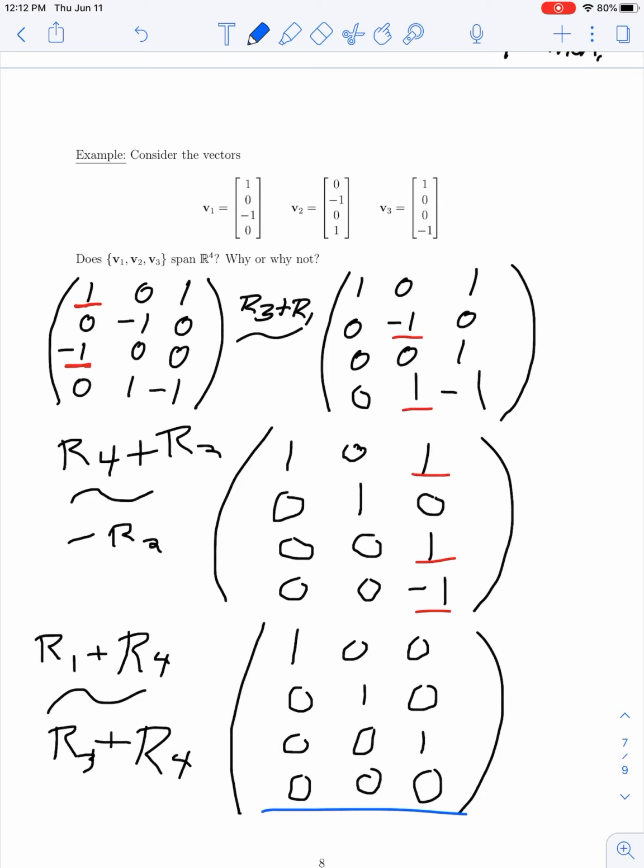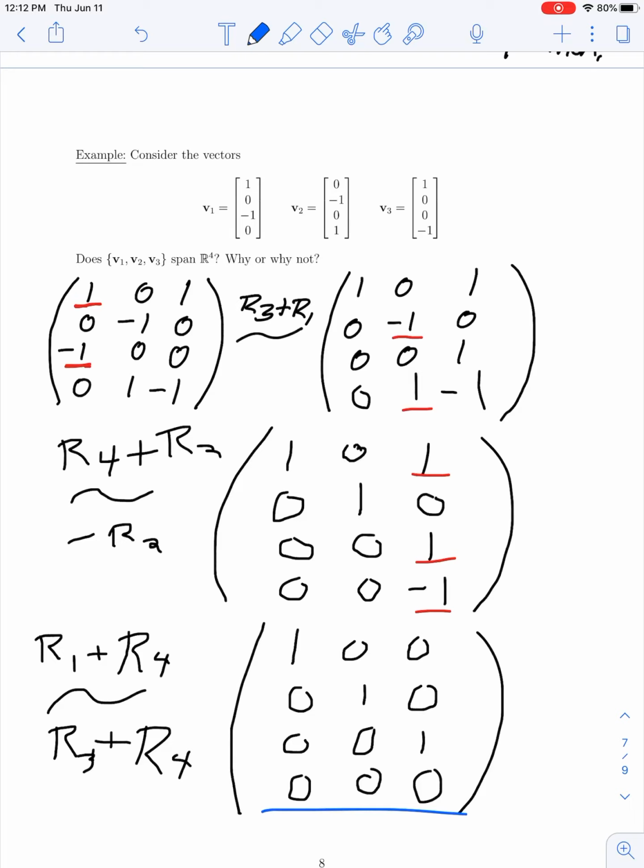So what we see in this last example is that we have a set of 3 vectors of length 4. So when we put these column vectors into a matrix, we have a 4 by 3 matrix. That is 4 rows, but only 3 columns.